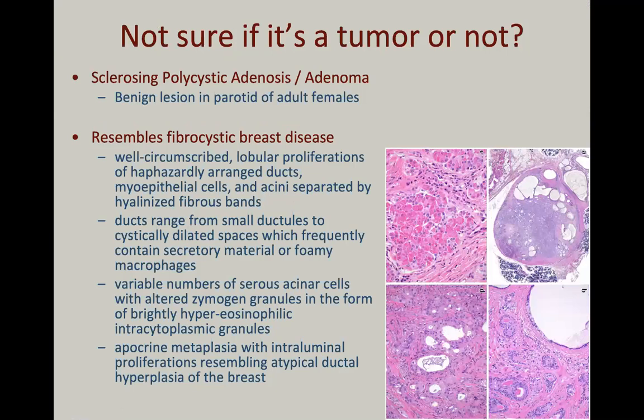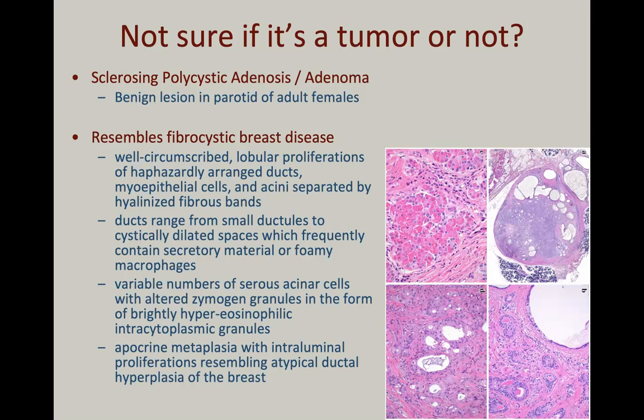Before we move into the full tumors, there is at least one of these entities that is on the verge between, is it a tumor or not a tumor? If you think about conceptual neoplasia, a neoplasm or a tumor is a clonal process, meaning it derives from a single cell that has some kind of genetic anomaly that proliferates and creates a mass-forming lesion, versus a hyperplasia, which is a reactive process that doesn't have any underlying genetic changes.